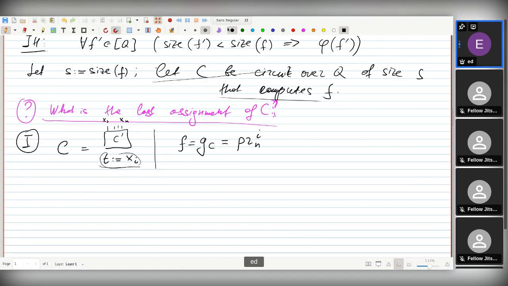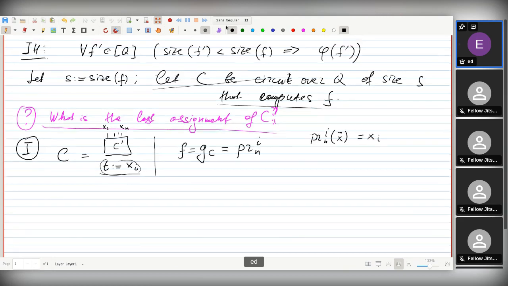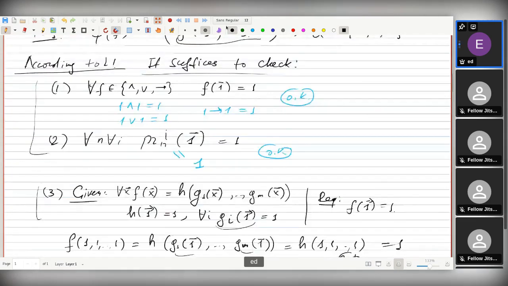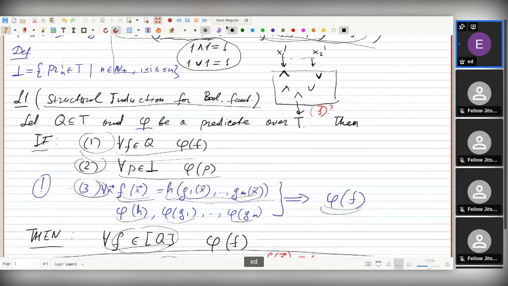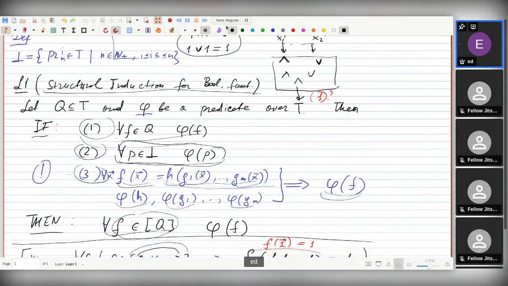This assignment gives us a function that returns its i-th argument. Now, look. Let us come back to the statement of our lemma. We know it is given that every projector satisfies property phi.